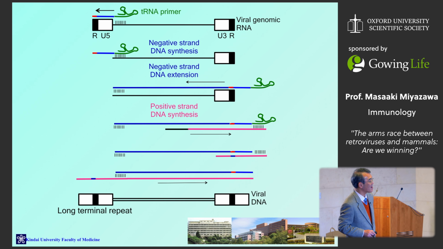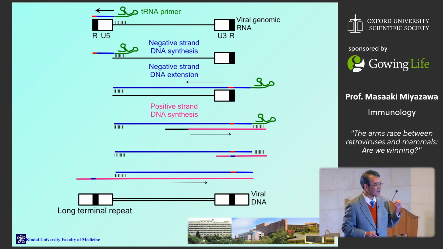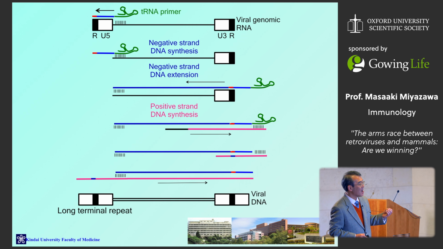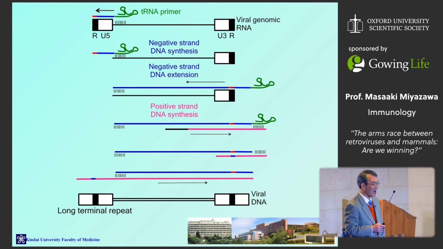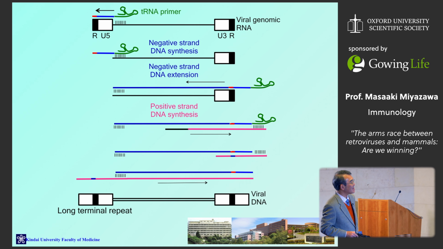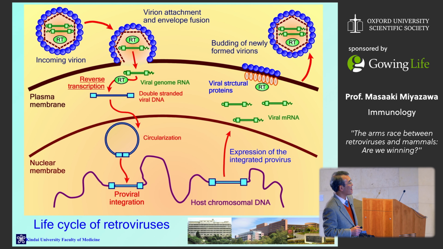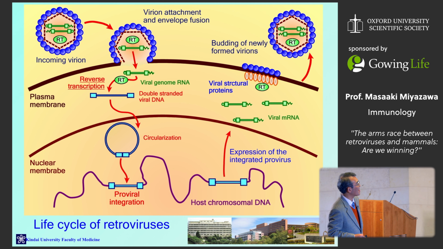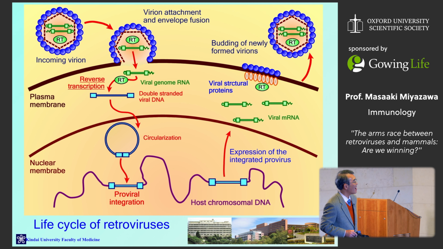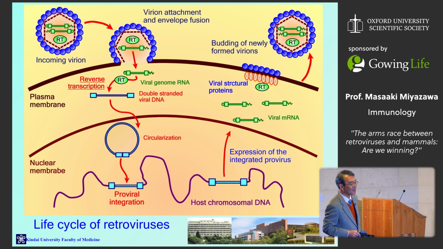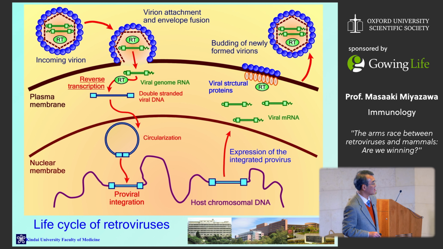And this sequence works as a very, very strong promoter to express the DNA sequence and transcribe it into messenger RNA. And this double-stranded DNA, when the virus is replicating in the infected cell, is integrated into the host cell genome.